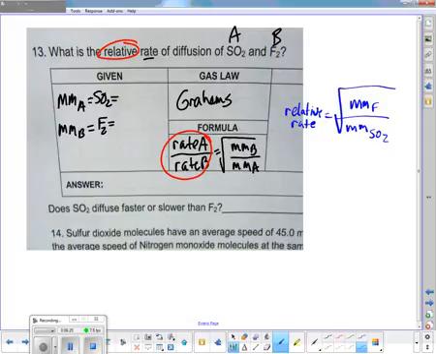And then if that number comes out less than 1, remembering this was SO2 on top, and this was F2, then that means F2 is faster if it was less than 1. If it's bigger than 1, that means that SO2 is faster. If it's equal to 1, then they're the same. Okay? Any other questions?